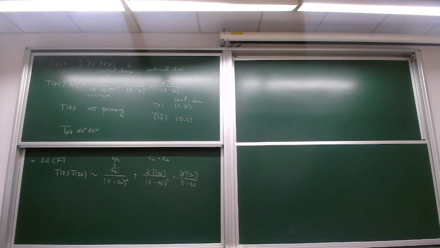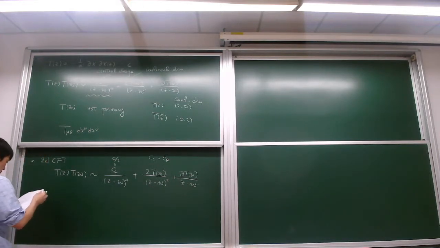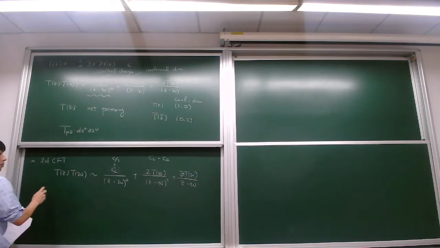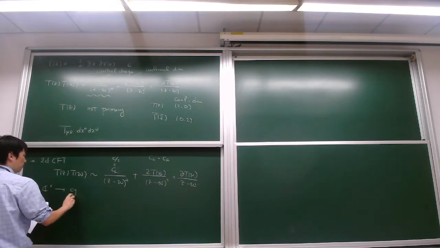To explain why this is the most important quantity, we need to use the conformal transformation. We use a conformal transformation to move from the plane to the cylinder. What we have learned is that C star goes to the cylinder.